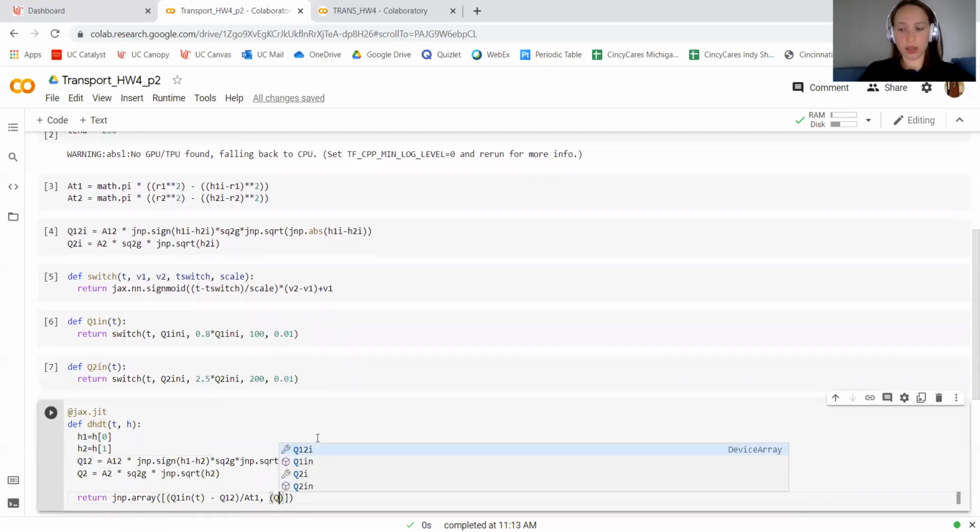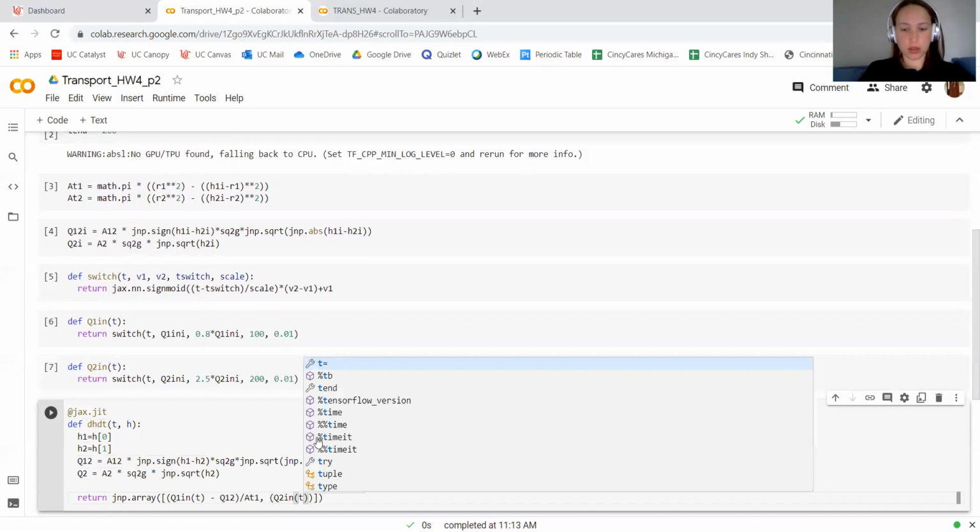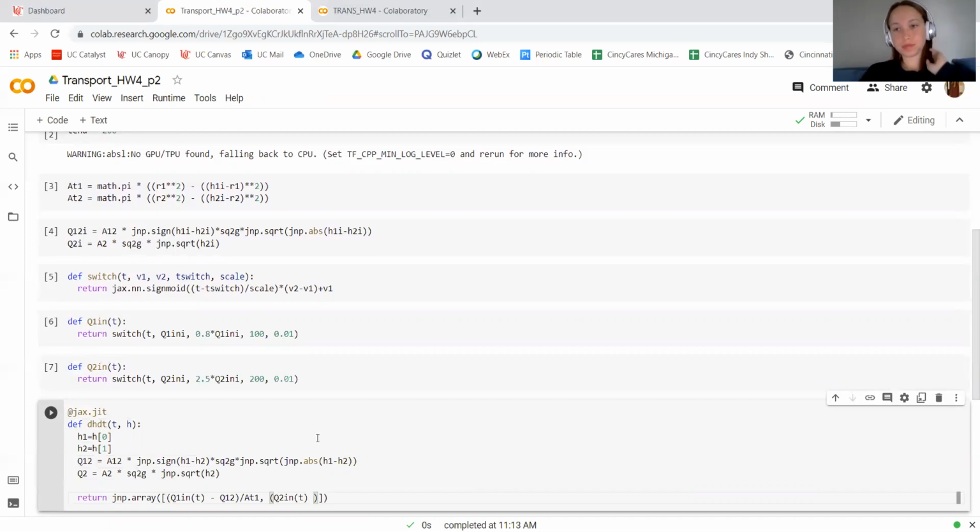These are, again, the steady state equations that we found in part 1, which gave us the flow rates, the total flow rates. So it was the flow rates divided by the cross-sectional area of the tanks.